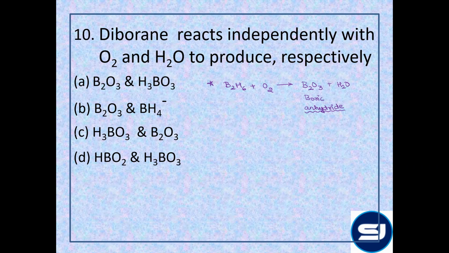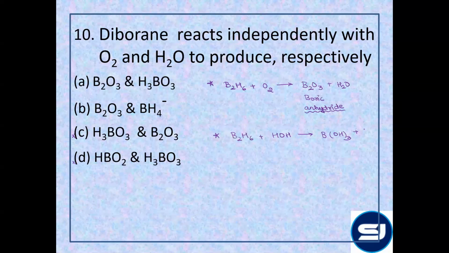B2O3 has come, so options C and D are ruled out. Now when diborane reacts with water, which would be the correct product out of options A and B? A. So the boron takes away the hydroxy groups of water and forms H3BO3, orthoboric acid, and there is a release of dihydrogen.